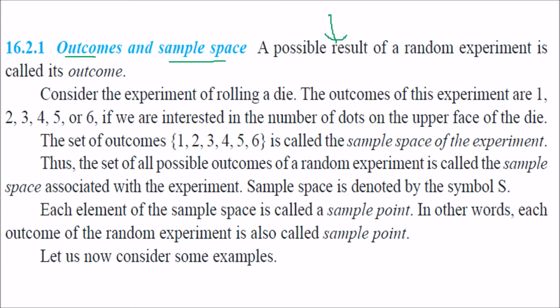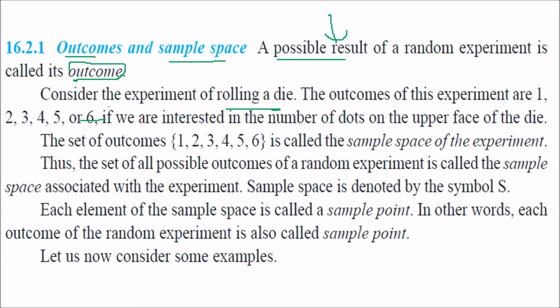So outcomes and sample space: we have seen the random experiment now. Any result can come. The possible result of a random experiment, we call it an outcome. Just consider the experiment of rolling a die. The outcome of this experiment can be 1 to 6.